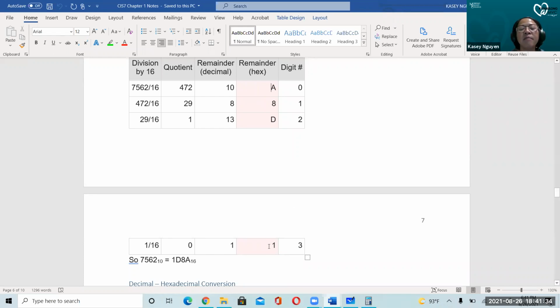So you're going to go from bottom up, left to right. Question? I find that knowing how to do long division is very helpful in this particular case.